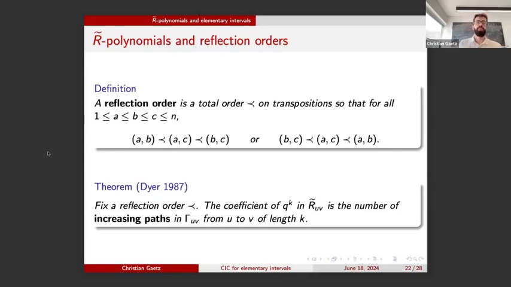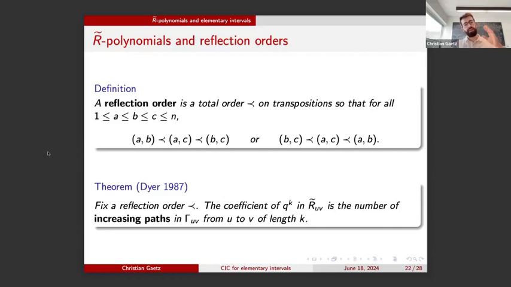What Dyer proved is that if we've fixed our favorite reflection order, then the coefficient of q to the k in this R tilde polynomial is the number of increasing paths in the Bruhat graph from u to v of length k. And by increasing, I just mean that each edge in our Bruhat graph corresponds to some transposition.